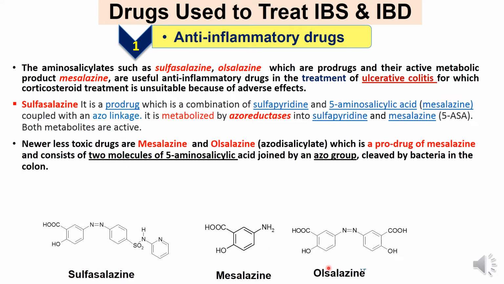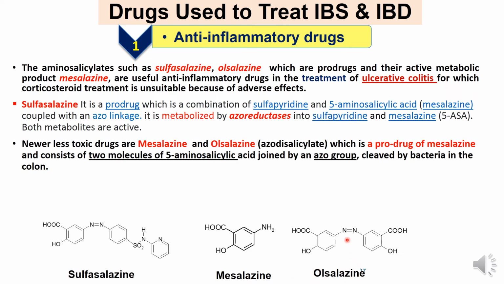Also there is a drug called olsalazine, which is also a prodrug. Here you can note that olsalazine is two molecules of mesalazine linked by an azo linkage. But olsalazine is a prodrug.